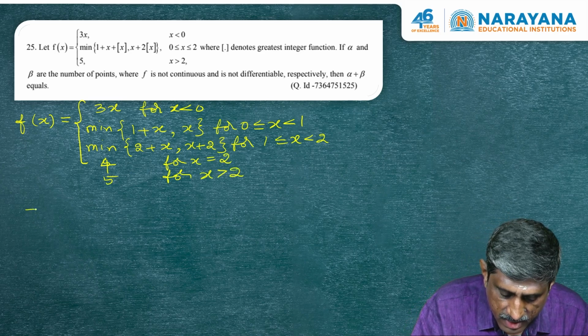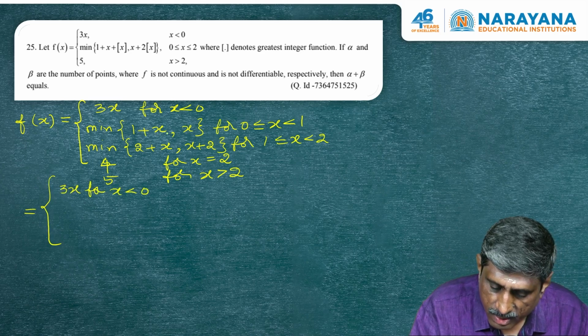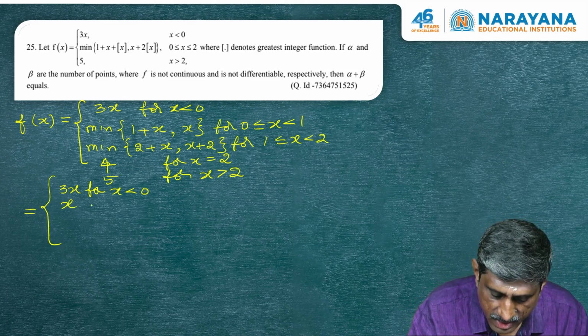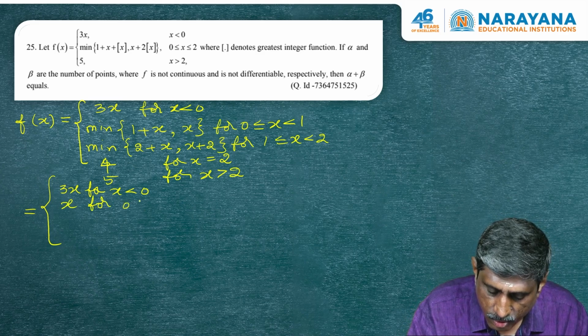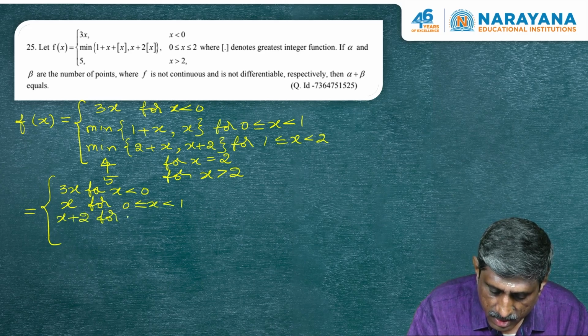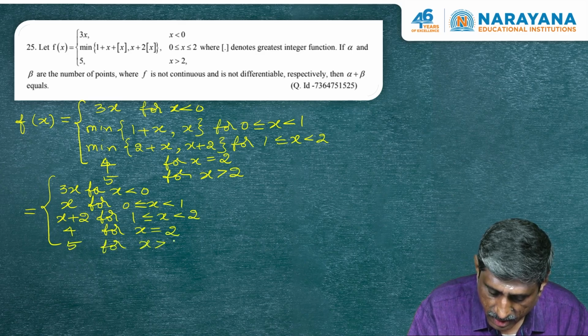When we simplify this, it becomes directly 3x for x less than 0, and the minimum of 1 plus x and x, between 1 plus x and x the minimum is x. So it is x for 0 less than or equal to x less than 1, and it is x plus 2 for 1 less than or equal to x less than 2. At x equal to 2 it is 4, and 5 for x greater than 2.